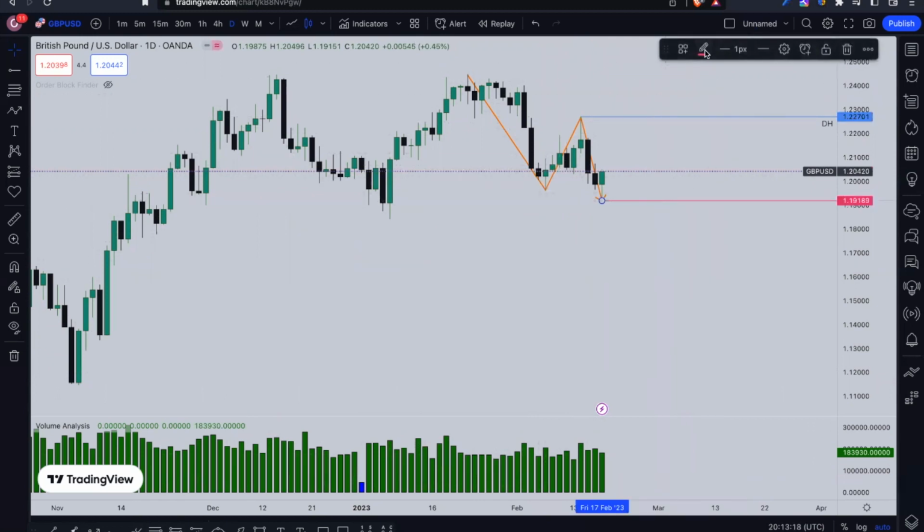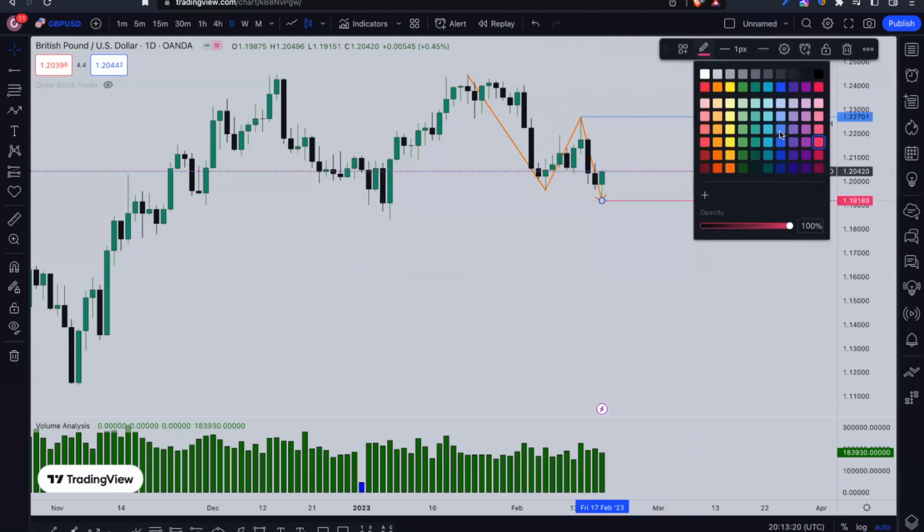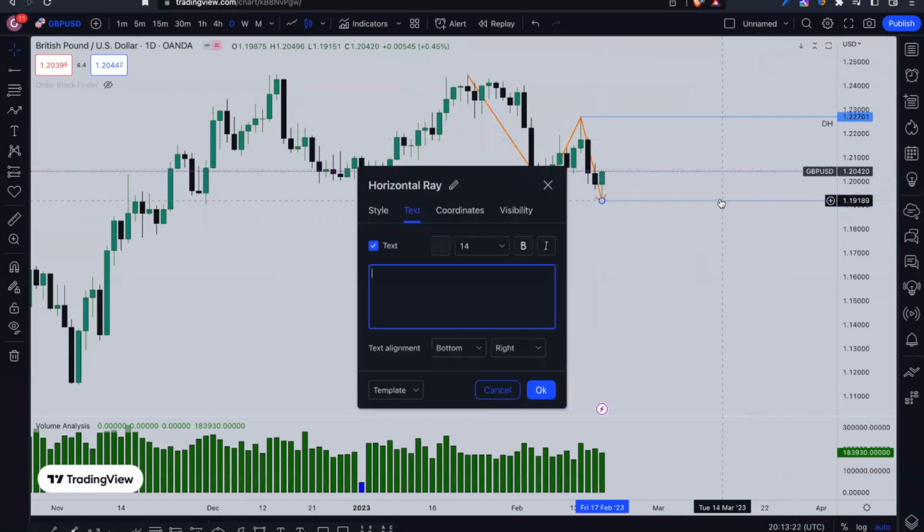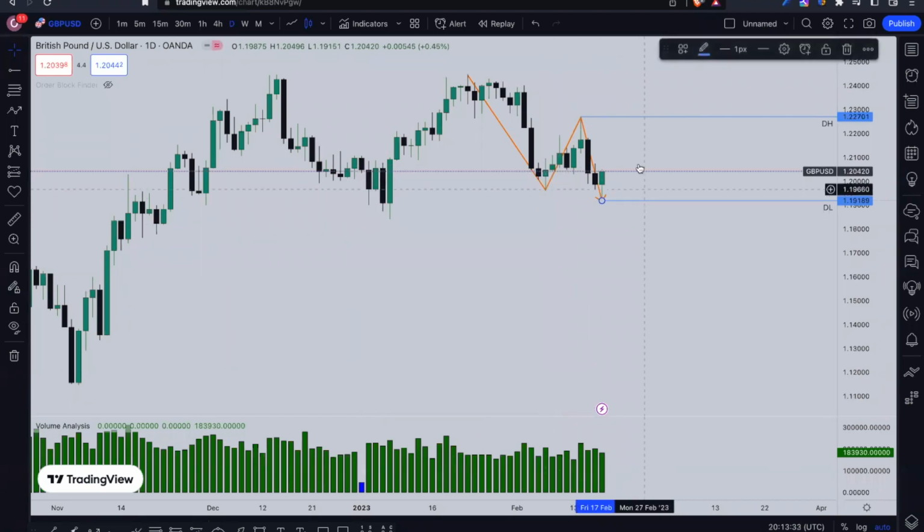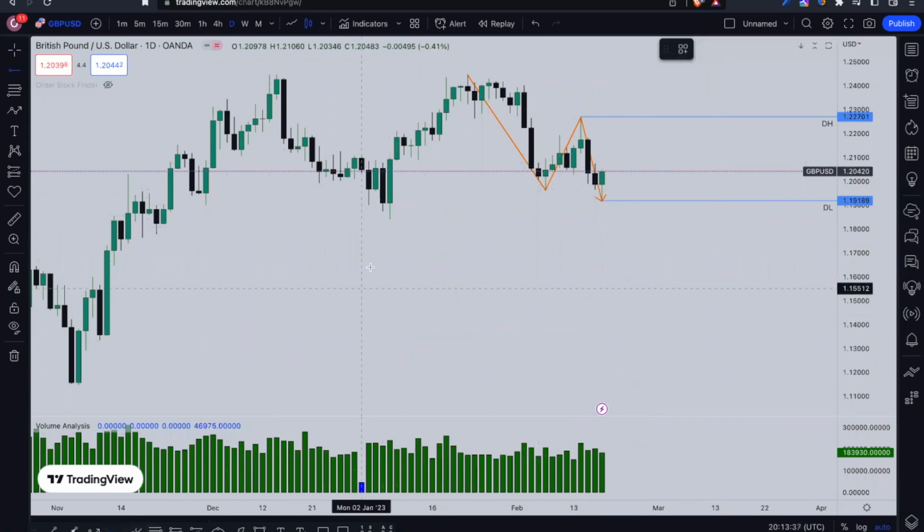We are doing this so that we keep in mind what is happening on the higher time frame, because we trade on the lower time frame. We do not want to get lost in all of the noise of the lower time frame. And then the daily low. So the daily low is a possible target. Let's mark out the targets too.